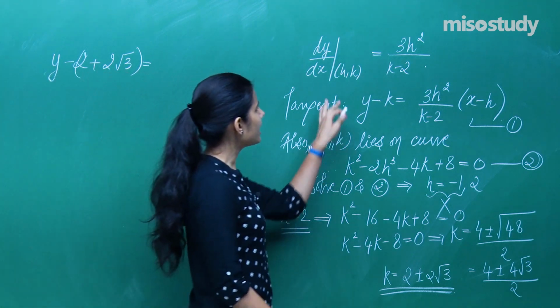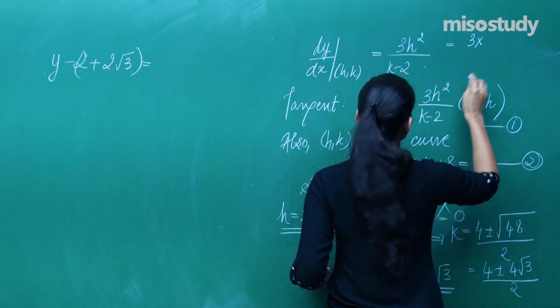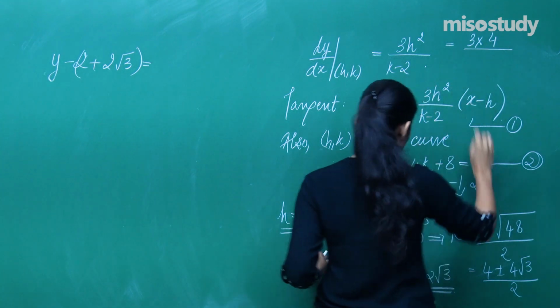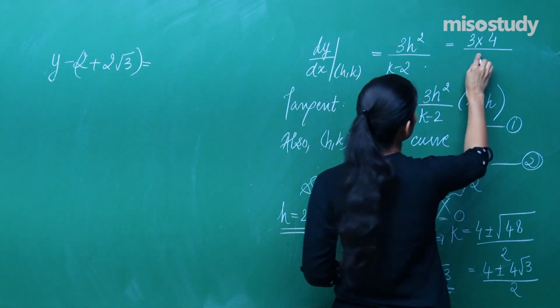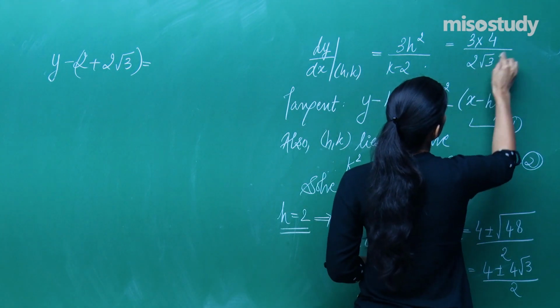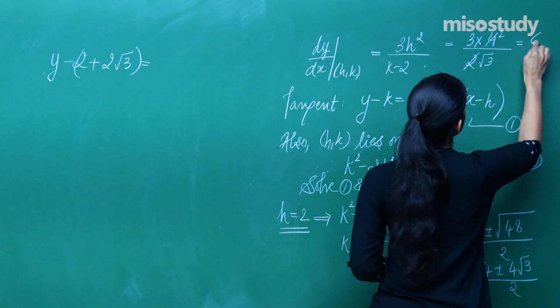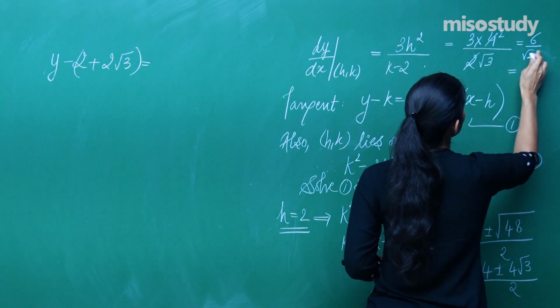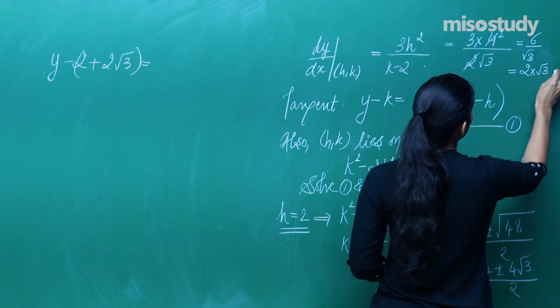Now if I talk about m, it is 3h squared, that means 3 into h is 2 upon k minus 2. So 2 plus minus 2 root 3 minus 2 is going to just leave you with 2 root 3, and that gives you what? This gives you 6 by root 3. This is 2 into root 3, that is it.